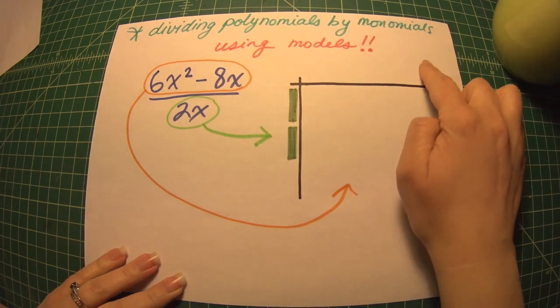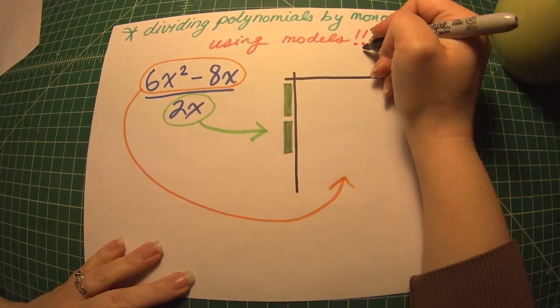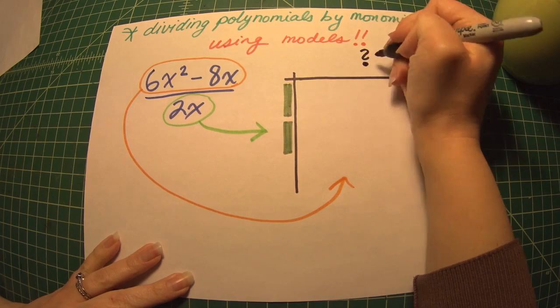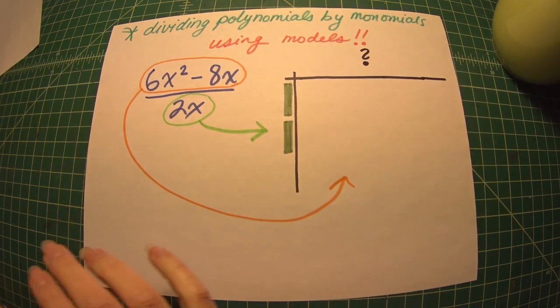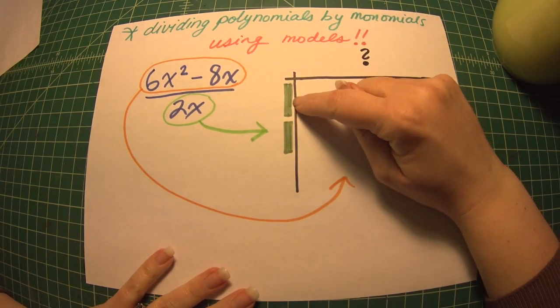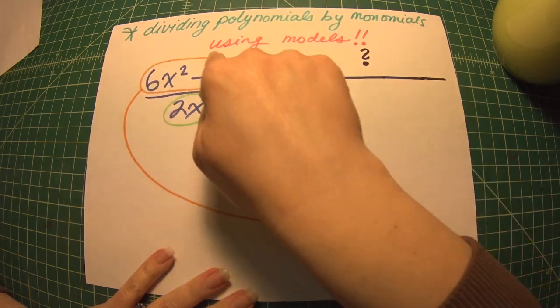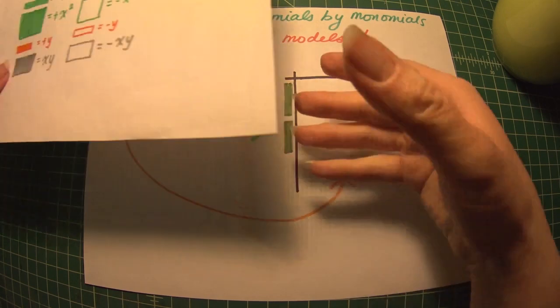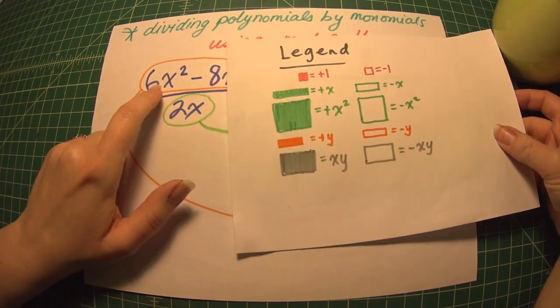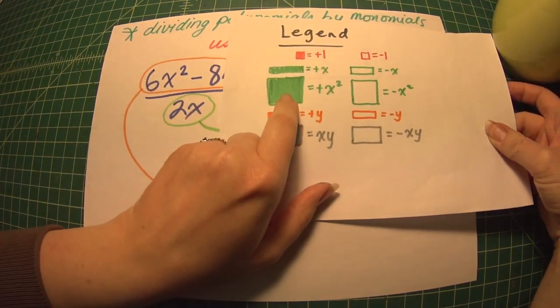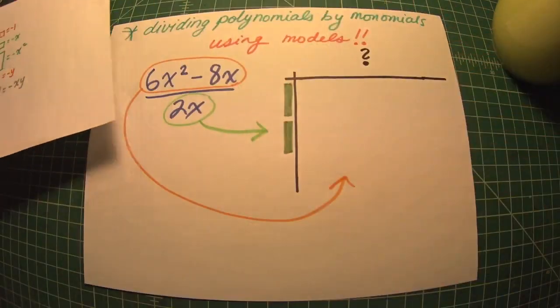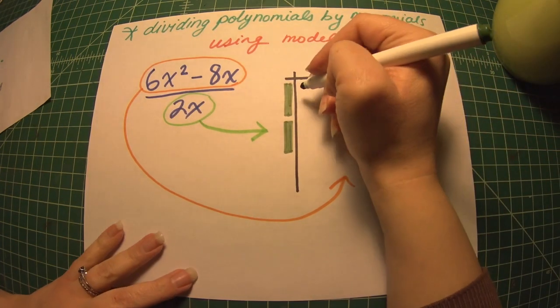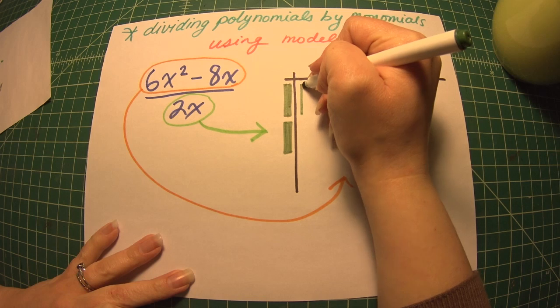So we're working to try and figure out one of the missing factors here. So that's where my question mark is. Okay, and this here is going to help me set up the polynomial on top. So I've got 6x squared, positive because there's no negative sign there. So that's going to be my big green ones. And I have to draw 6 of those.